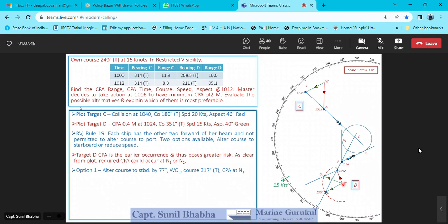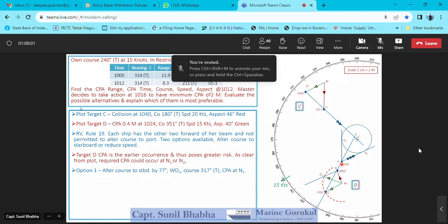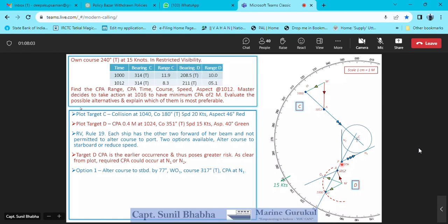If the own ship course becomes W Oscar 1, then the triangle which we will have will be W Oscar 1 A. The relative line of approach will become O1A, and effective at 1016 hours, that is at point Papa, this relative line of approach will take the target on Papa November 1 track, and when it reaches November 1, it will have a CPA of minimum 2 nautical miles.